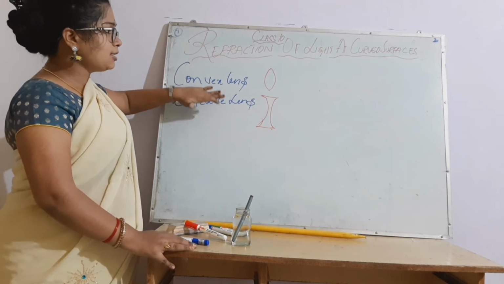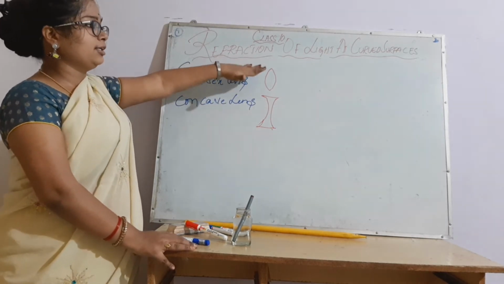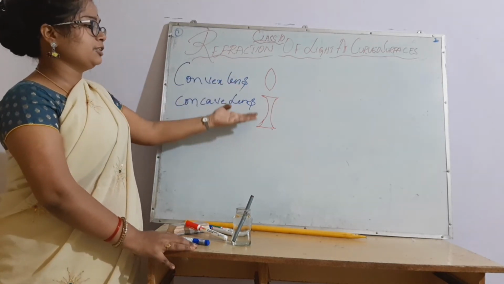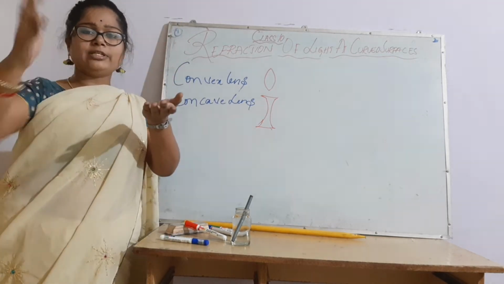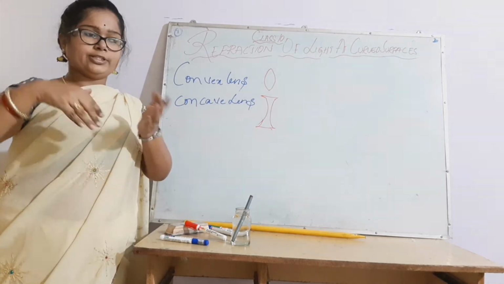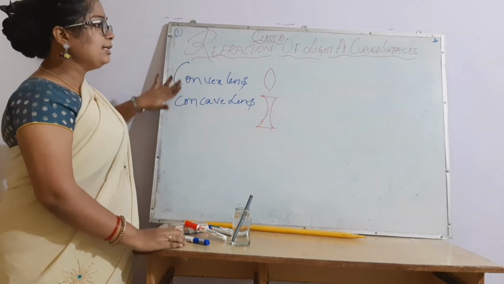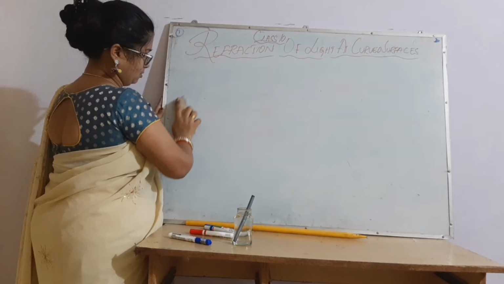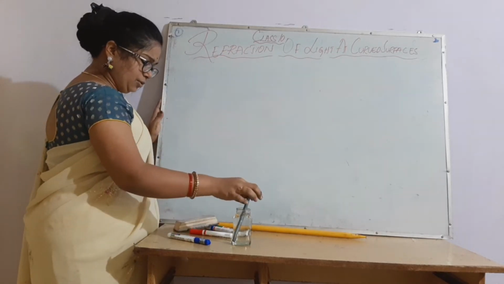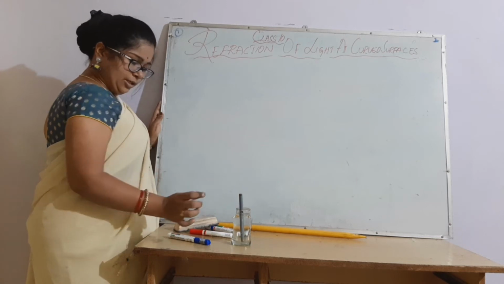This is the convex, concave, refraction of light at curved surfaces. You know, curved surfaces, not a plane surface. So, in detail, without any doubt, I'm going to explain it to you now. Now, I want to show you one more experiment also. Did you get clarity with this?